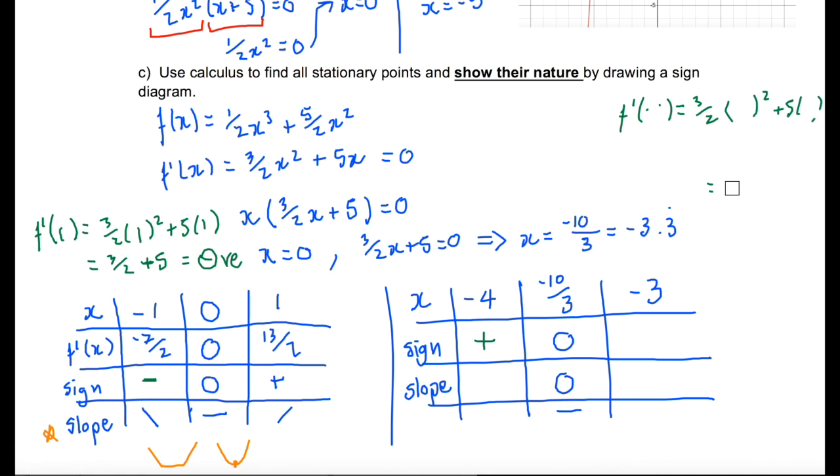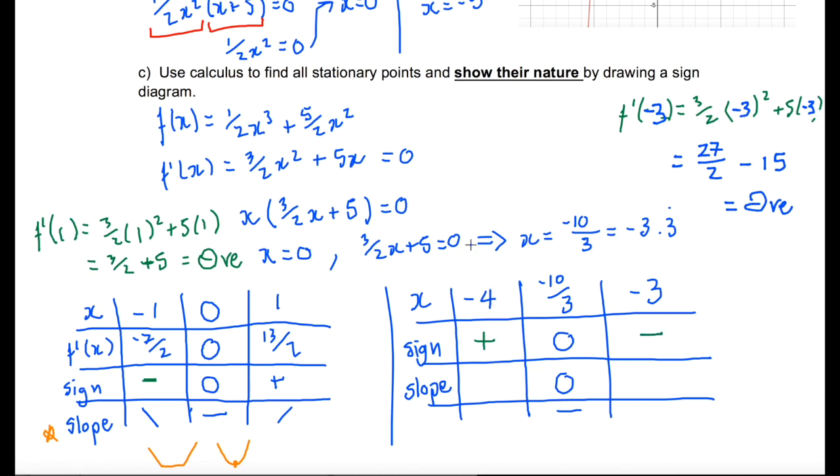Let's see if that's positive or negative. So that's a negative 3 in there now. So 3 times negative 3 squared, well, that's 3 times 9, so that's 27 on 2, minus 15. 27 on 2 is, well, half of 28 is 14. So this is a negative answer. So we say the sign is negative.